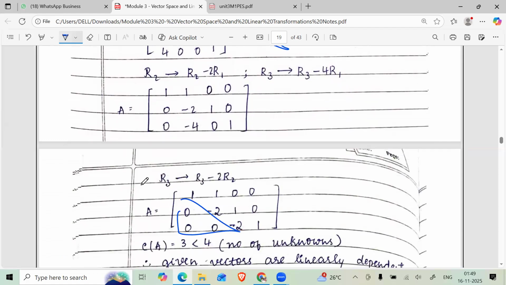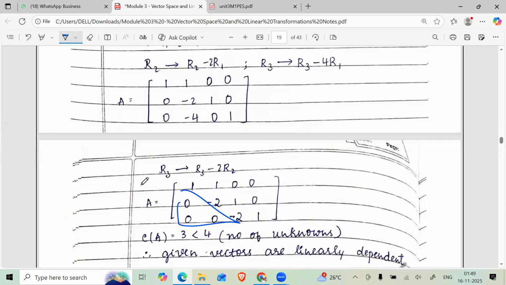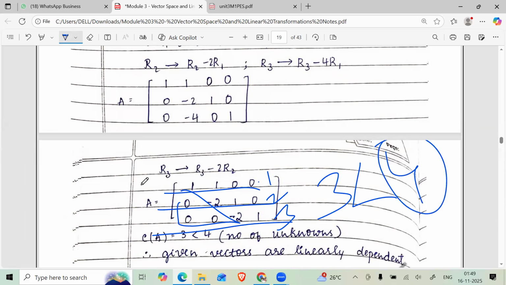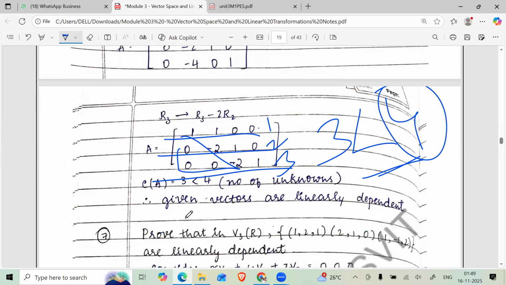So what is the rank of the matrix? 1, 2, 3. So non-zero rows are 1, 2, and 3. But how many unknowns are there? 4 unknowns are there. Okay, you have to just write this, the rank. Don't write these things as of now. I'll tell you what it is later.